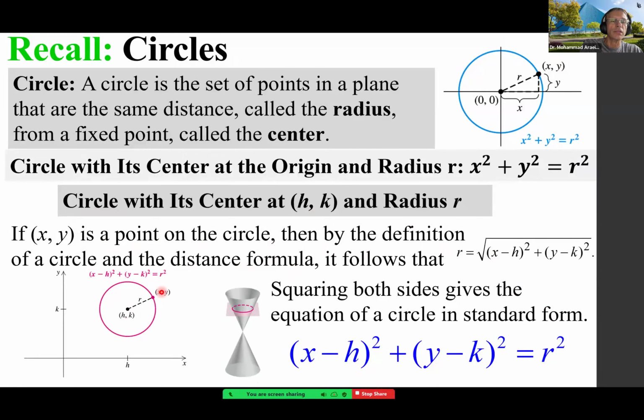So basically find the distance between these two, and remember, the distance is fixed and equal to r. And this is how you come up with a circle. If you cut this cone with a plane perpendicular to its axis, it creates a circle.